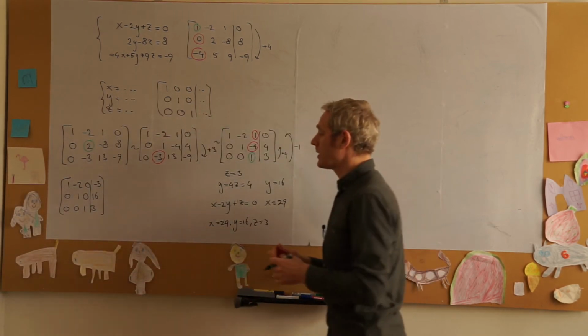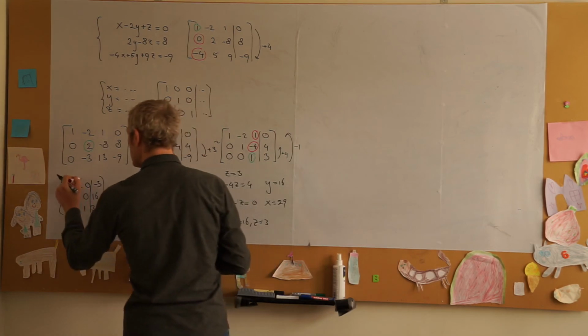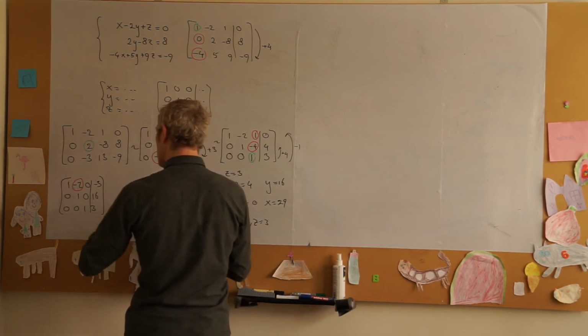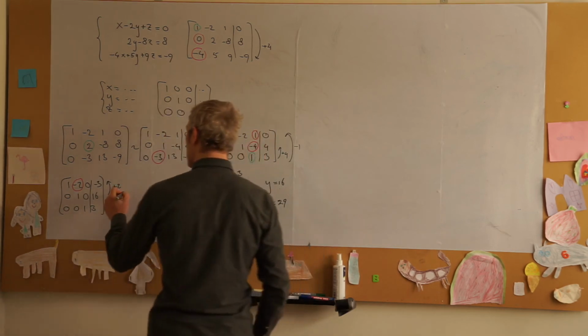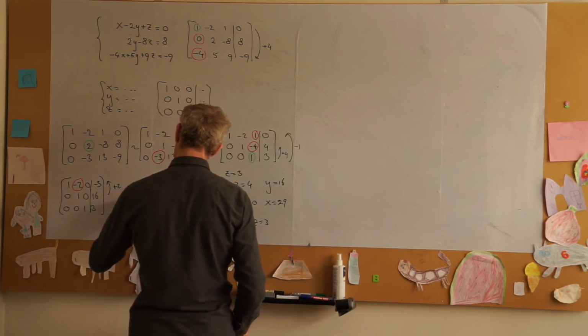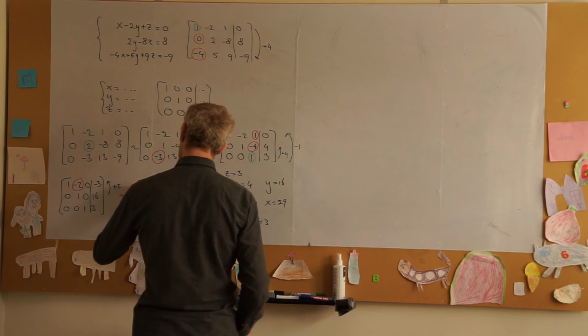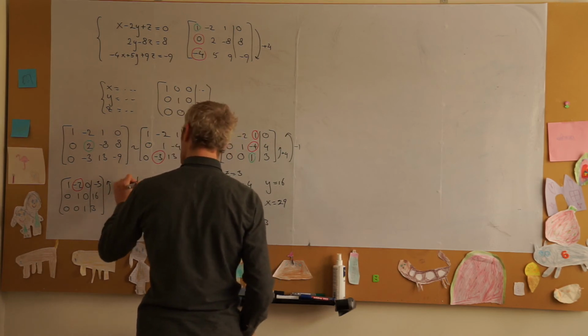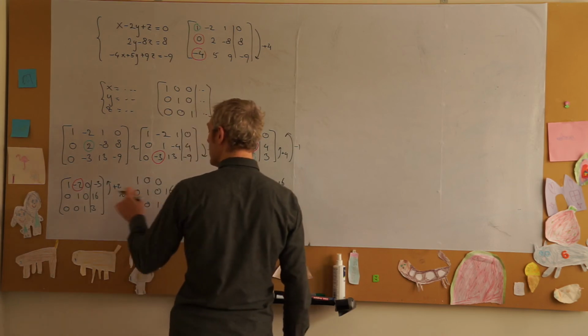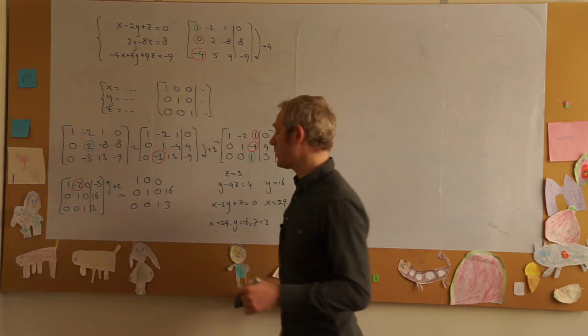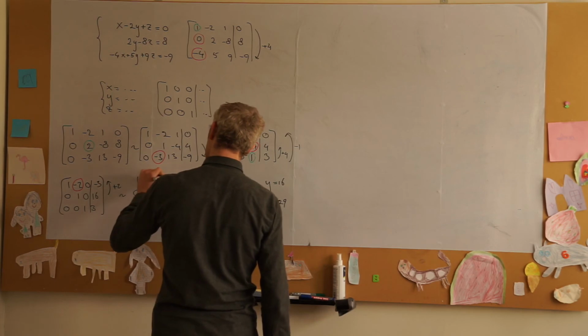Well, there's only one more step to go, and that is to create a 0 here, and I can do that by adding the second row twice to the first. We get 0, 0, 1, 3, 0, 1, 0, 16, 1, 0, 0, and this becomes 29.